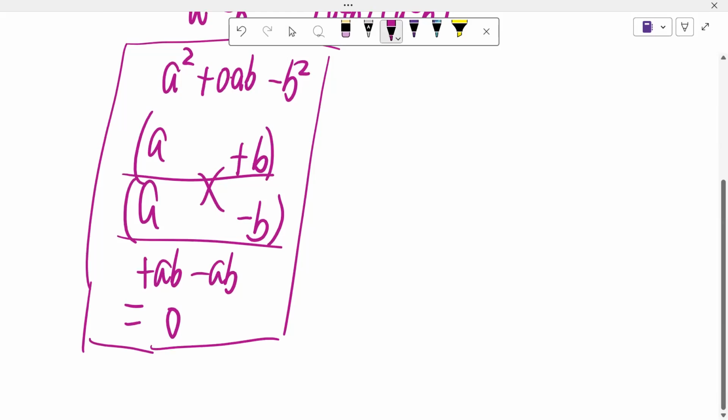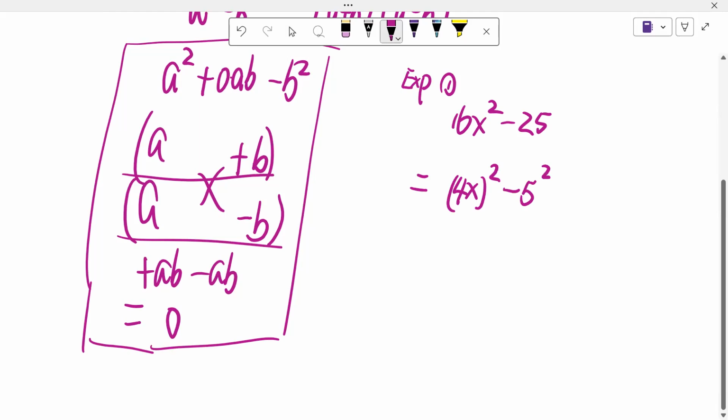Now let's take a look at examples. Example 1: let's say we factor 16x squared minus 25. We're going to turn it into a difference of two squares. 16x squared becomes (4x) squared, because 4 squared is 16, and 25 will be 5 squared.